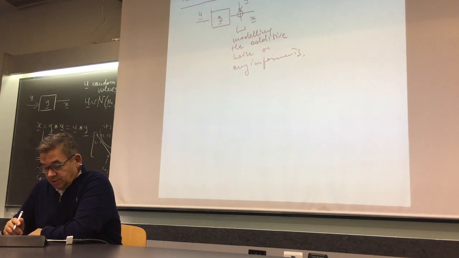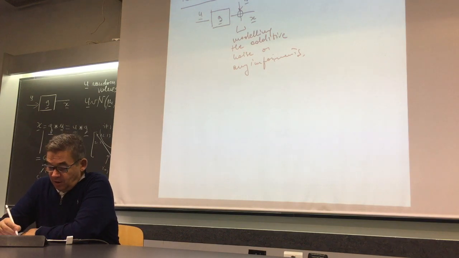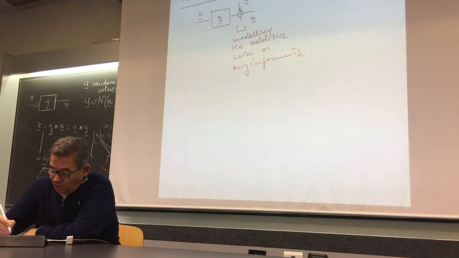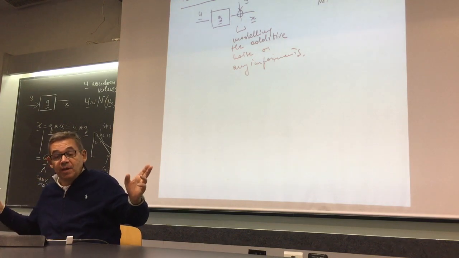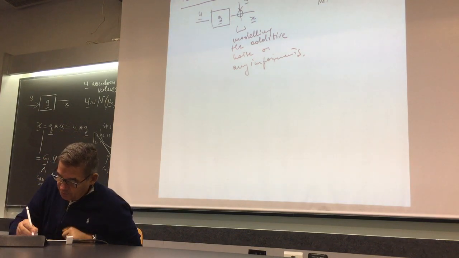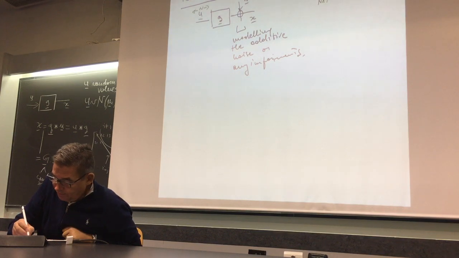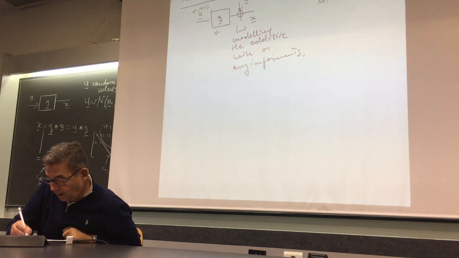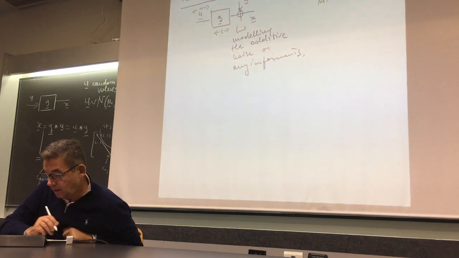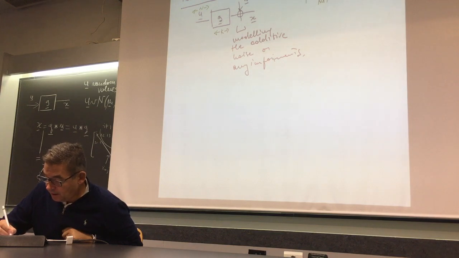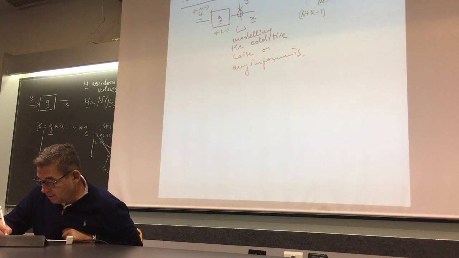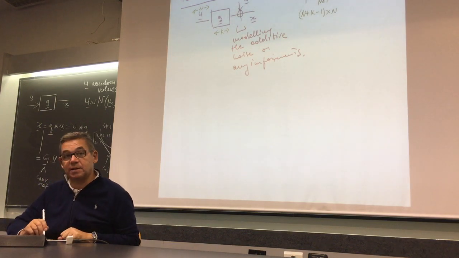Now let's assume the data U is n times 1, so I have a block of n data. My filtering is n plus k minus 1 times n, so it's a matrix like that.